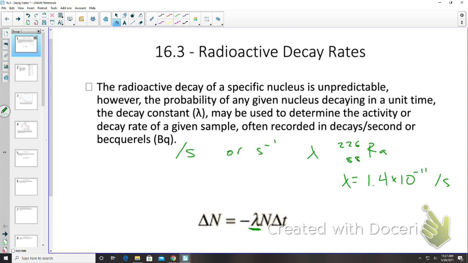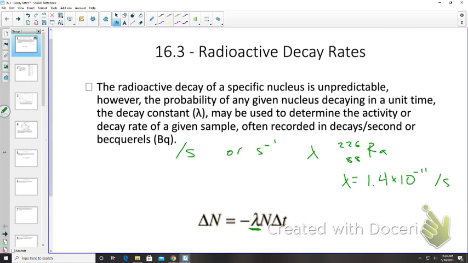So if you have a sample of radium, the probability that one nuclei will decay in 1 second is 1.4 times 10 to the negative 11. Now, typically it is hard to predict when one nuclei in particular will decay. We're going to use half-lives instead. Typically half-lives are used. It's a more accurate way to measure the decay rate of a radioactive sample.